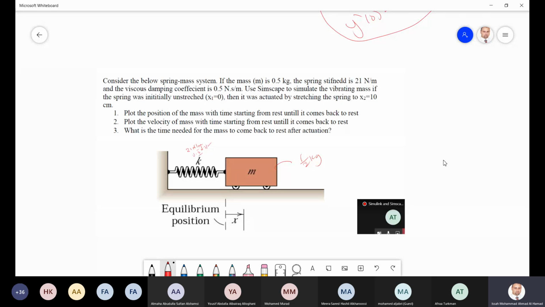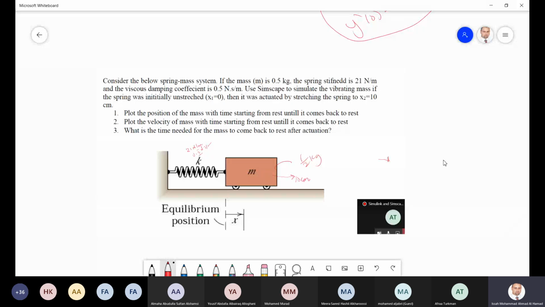Okay. Now what we need to do, this is the equilibrium position. In order to actuate this spring, we need to pull it to the right for 10 centimeters and leave it.